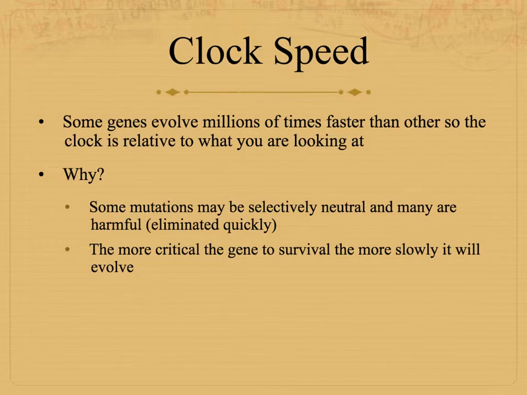So that's going to determine the rate of change. The more critical the gene is to the organism being able to survive, the more slowly that gene will evolve, because changes to that gene can cause death. So the least critical are the genes that evolve the quickest.